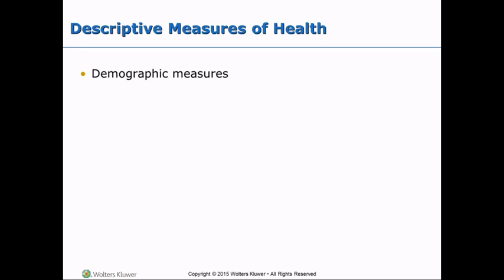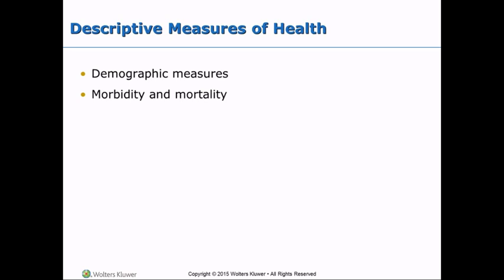Morbidity and mortality are measures of health in relation to illness and disease. Illness is morbidity, and death is mortality. Illness and death rates can be very useful in looking at epidemiological data to understand the trends of health in communities.